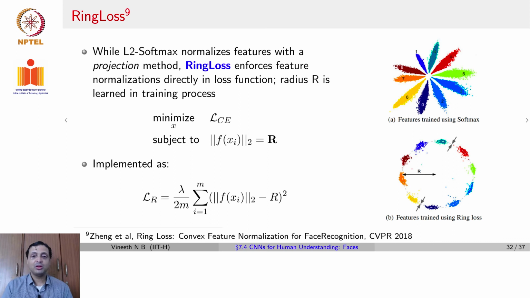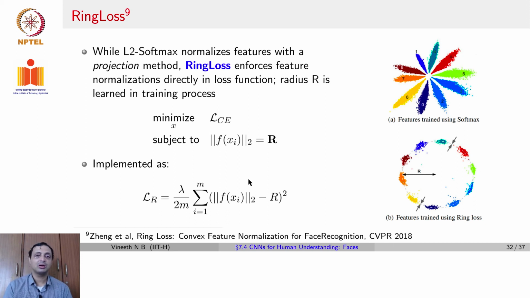This was further improved in ring loss in 2018, which is a very similar idea as L2 softmax. However, even in this case, you minimize the cross entropy loss such that f of xi is equal to some norm r. But the difference from L2 softmax is that in this particular case, you also learn the r as part of your training process.